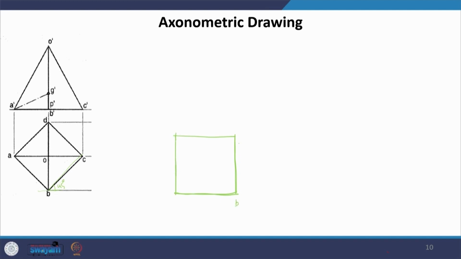So, B, C, D and A, and join this, arrive at O. Now, what we have is that A, B, C, D are all at 0 heights, and this O has certain height, which is what I am going to take here. So, this is where your O dash is going to come, and that is what all the points are. Now, we have to draw the edges and we get the final object.